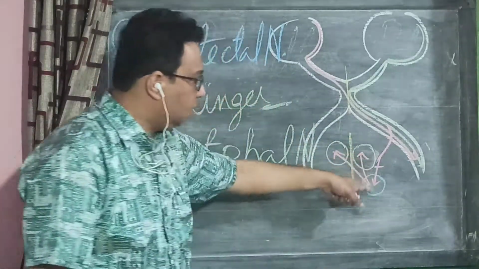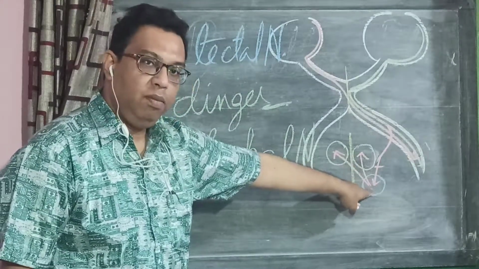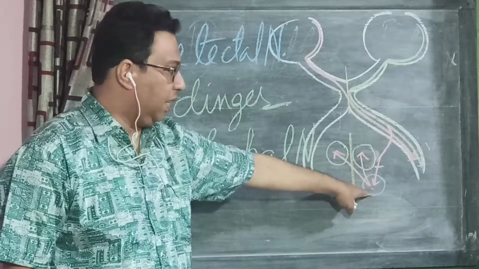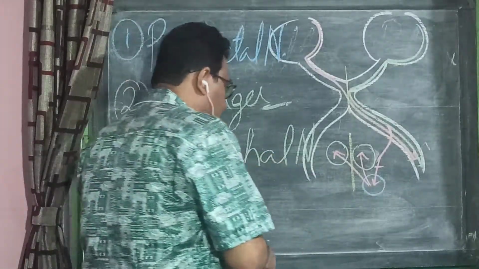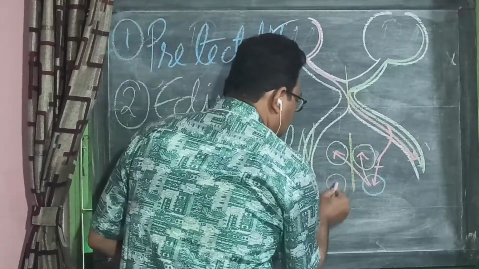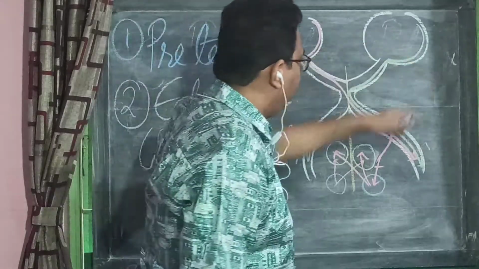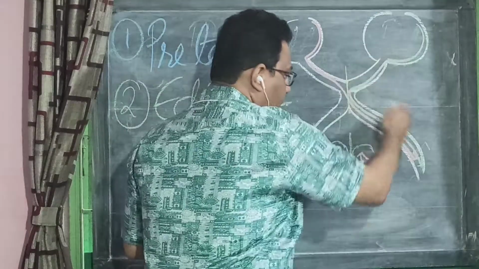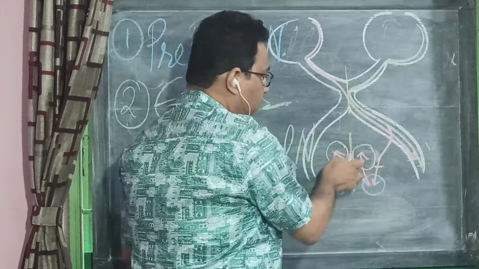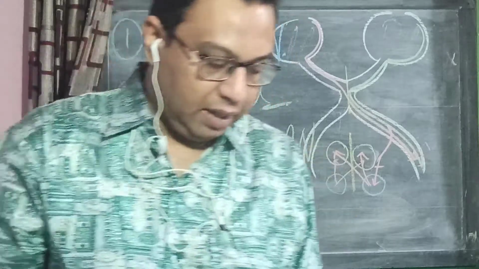So there is bilateral innervation from one pretectal nucleus. The same is also true for the other side. So light falling here will be sent to the pretectal nuclei, and these pretectal nuclei will stimulate the Edinger-Westphal nuclei on both sides.